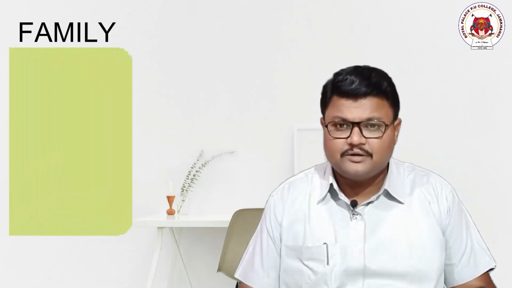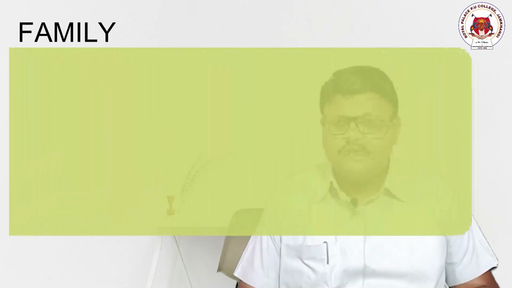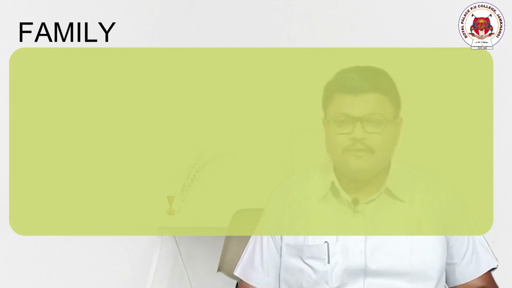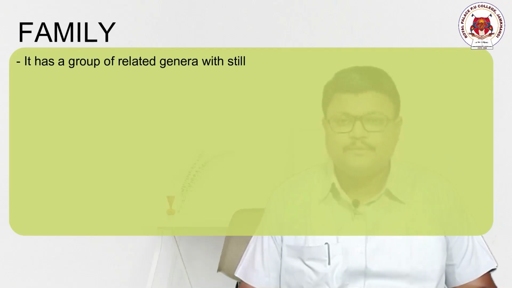understanding these terminologies. Let us go to the third topic, that is family. Family is the third point which comes after the genus in the taxonomical categories. Now, as I mentioned earlier, family is nothing but a group of related genera.